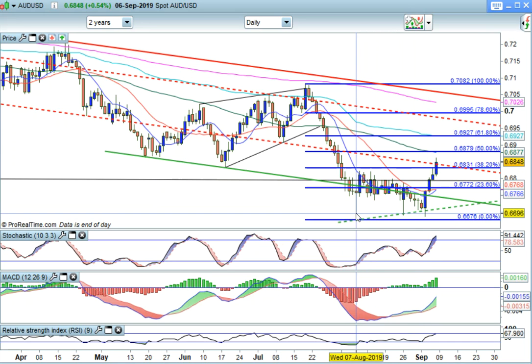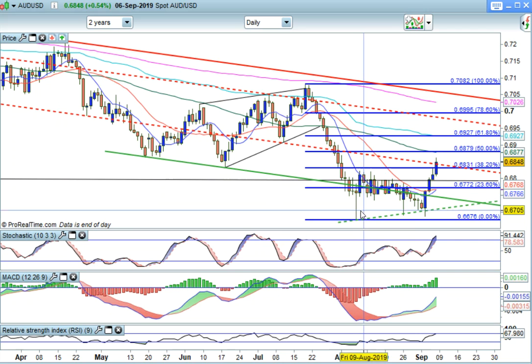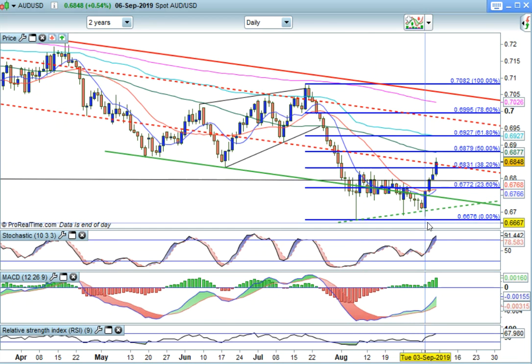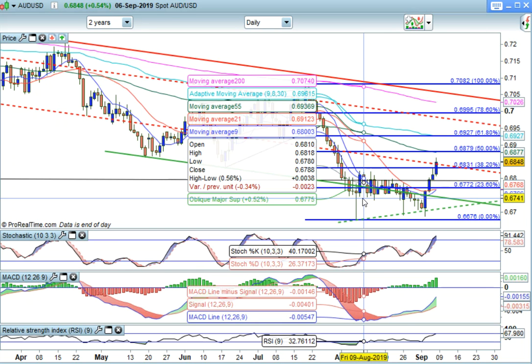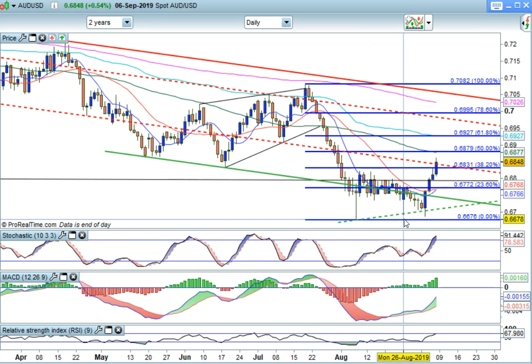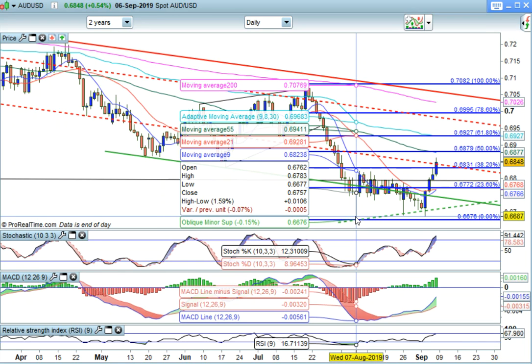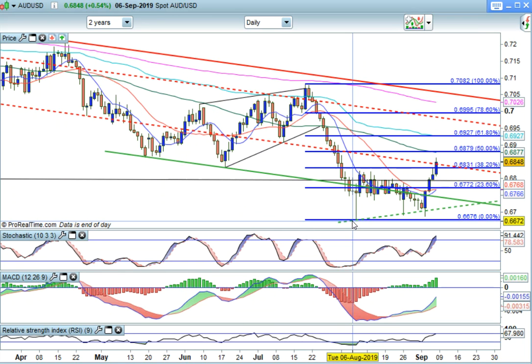Look at this triple double base, okay? Do not ignore formations like this, especially when it hits a level and bounds back so much higher. Did there, but not as much. Did there, but not as much.